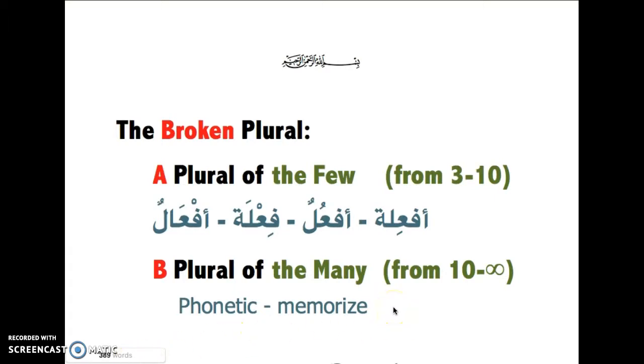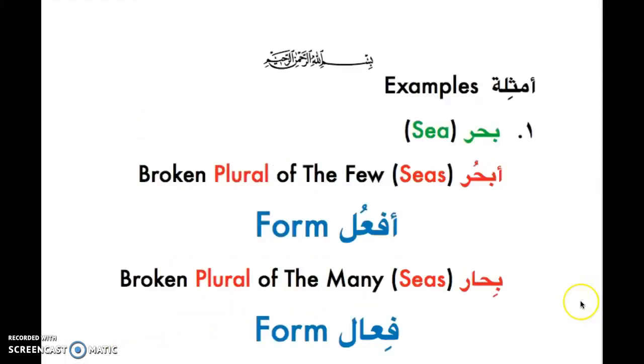And next we're gonna do a few examples. So our first example is bahar, which means sea. As you can see here, the singular form I put in green, and the meaning is in green as well, and the plural is in red, and the forms are in blue.